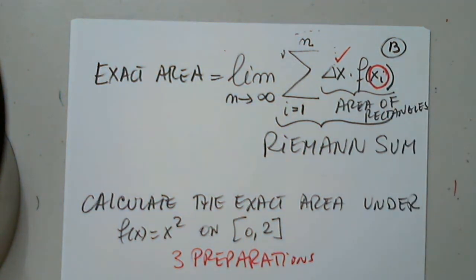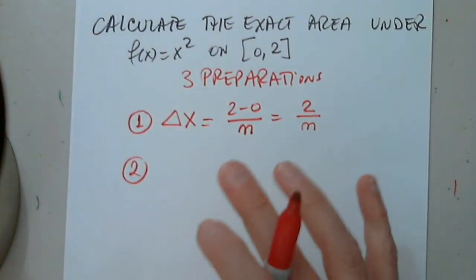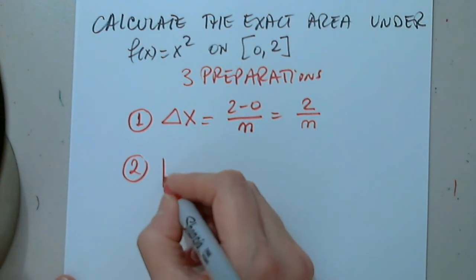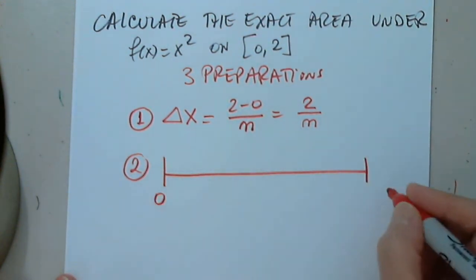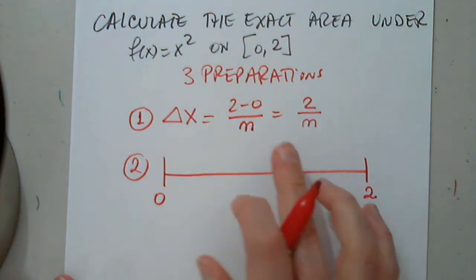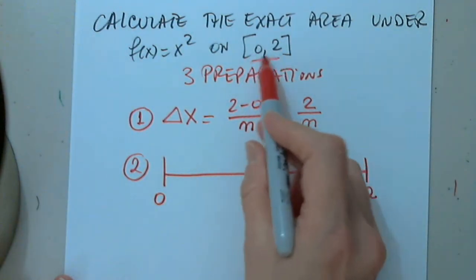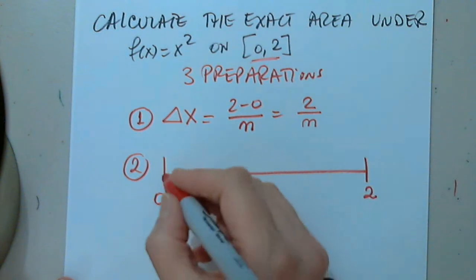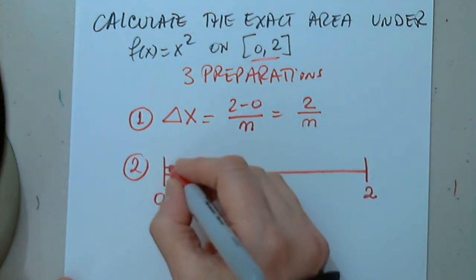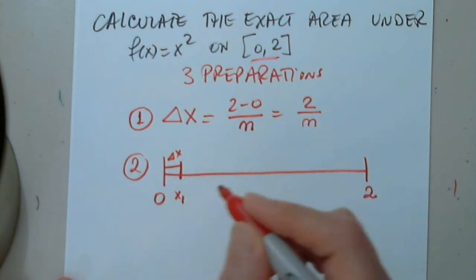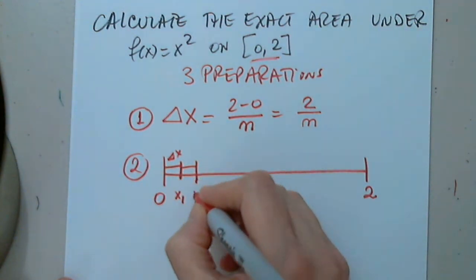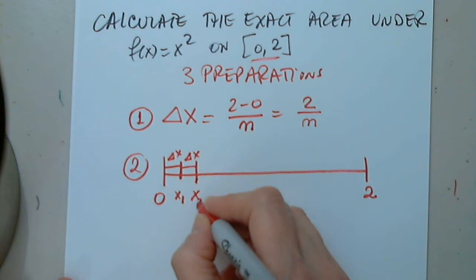What does xi really mean? So we have to analyze that. This is 0 and this is 2. That's our interval. Okay, so delta x, and I get to x1. Delta x again, and I get to x2.